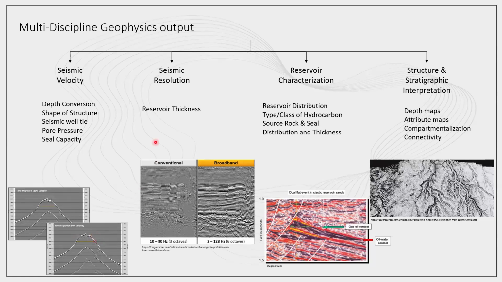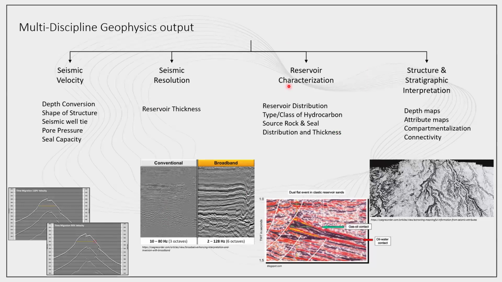Seismic resolution. If we have the right seismic data, as we mentioned before, broadband or conventional, can we image the reservoir thickness or not? Not imaging the right reservoir thickness could lead to lower or higher estimates of our resources.